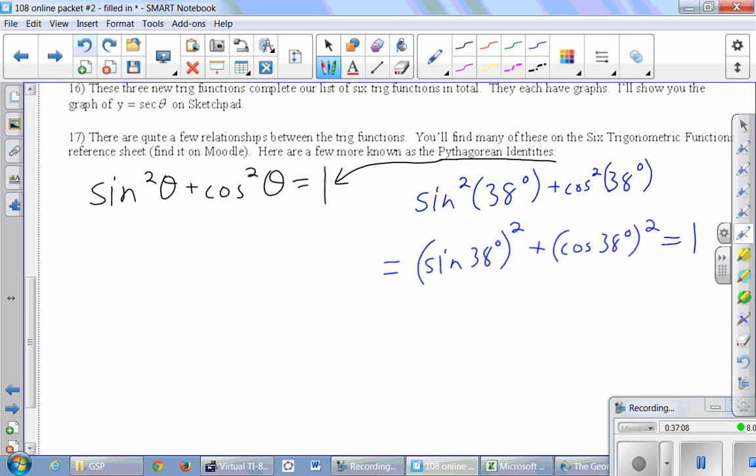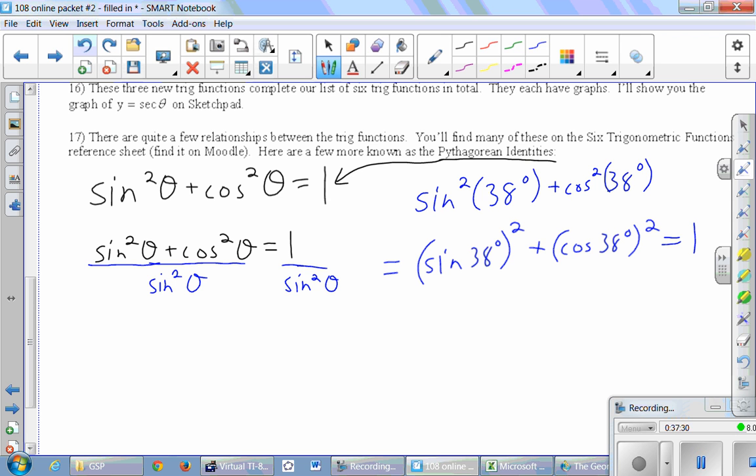You're going to take the identity that you started with. I'll just copy it again down here. And you're going to divide both sides by sine squared. So we're going to divide everything over here by sine squared theta, and better do the same thing on the right-hand side. And then on the left-hand side, we're going to split this up into two fractions.